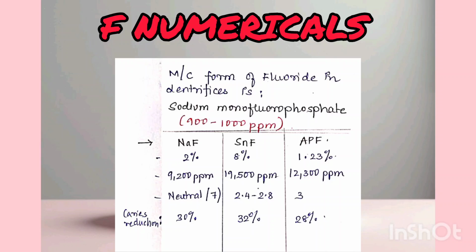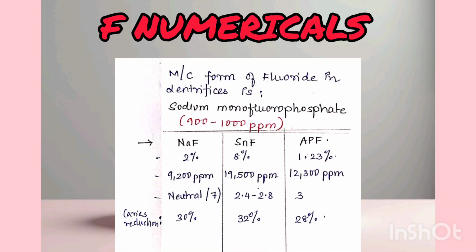Differences between 3 important fluoride compounds: sodium fluoride, stannous fluoride and APF. We have 2% sodium fluoride, 8% stannous fluoride and 1.23% APF. The ppm is as follows: 9200 ppm for sodium fluoride, 19500 ppm for stannous fluoride and 12300 ppm for APF.